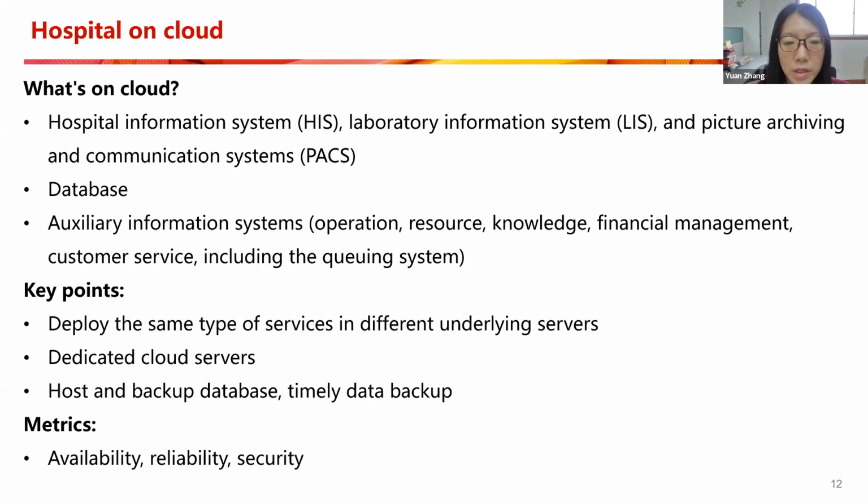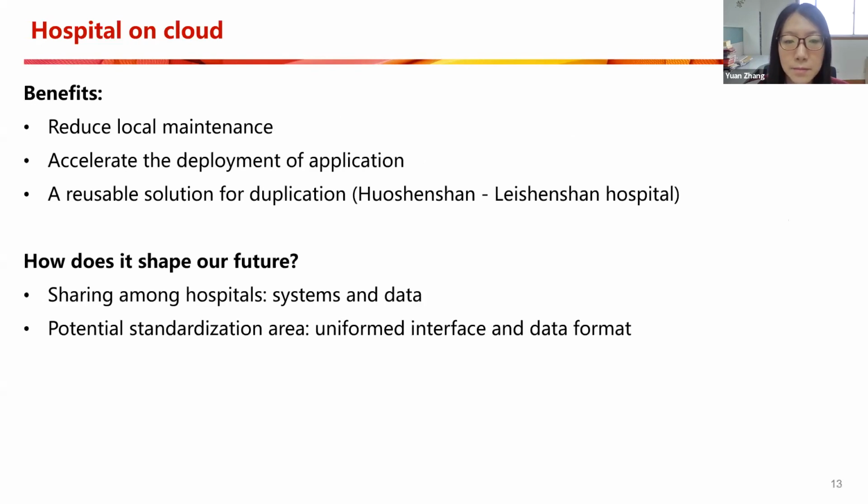The measures we took are that for one hospital, we have 7 dedicated cloud servers to support the services and applications, and we deployed the same type of services in different underlying physical servers. We designed a host and backup database and backed up the data in a timely manner to make sure of availability and reliability.